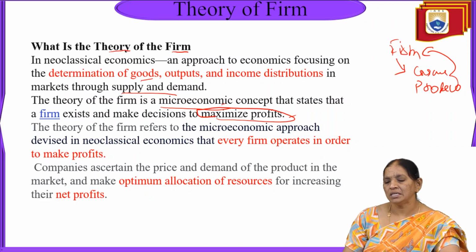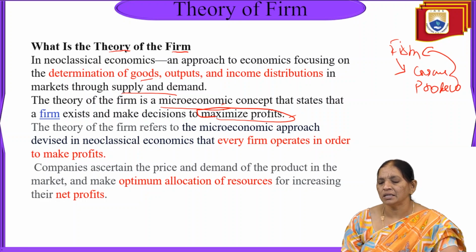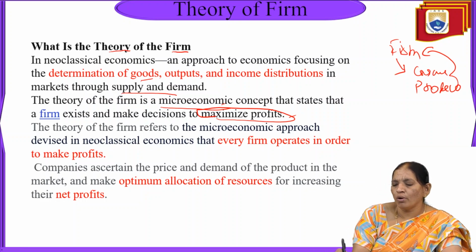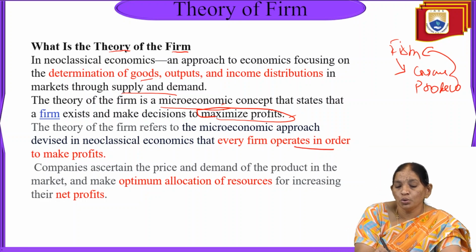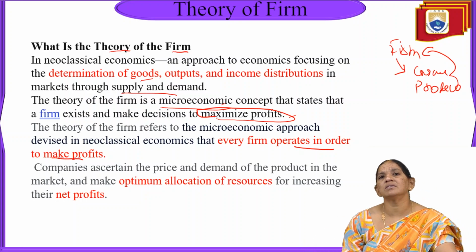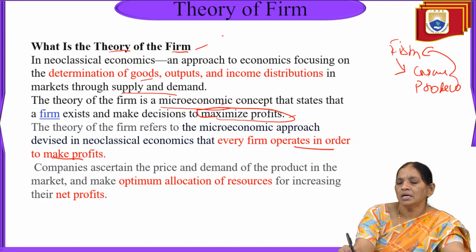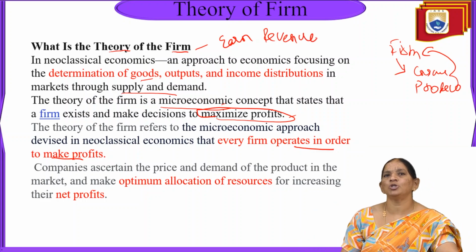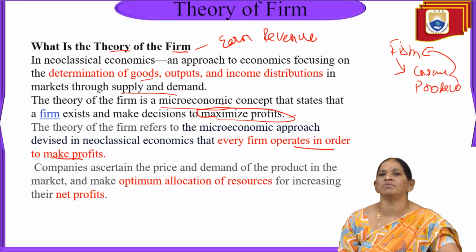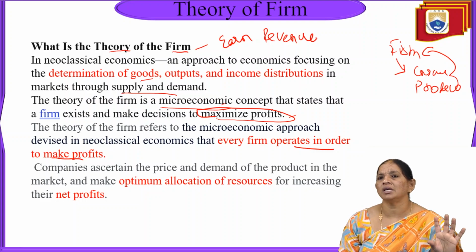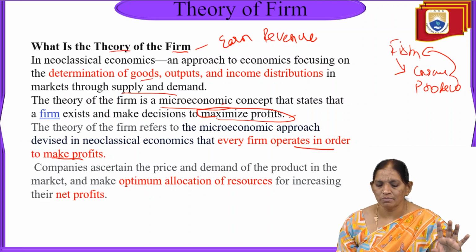This theory says that every firm operates to make profits. Means the main aim or objective of the firm is to earn revenue or profits. Profit maximization is the goal of each and every organization.